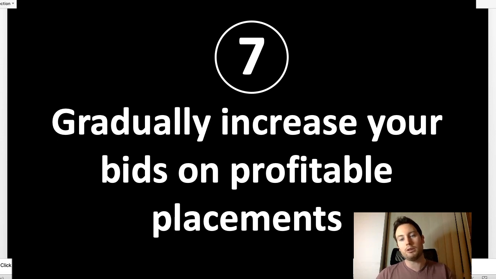Over time you'll start to win more of the auctions. You'll get an understanding of what is the right bid for that particular placement, and it'll allow you to completely optimize the campaign to maximize the number of conversions at the cost that you're willing to pay, and improve your overall ROI.